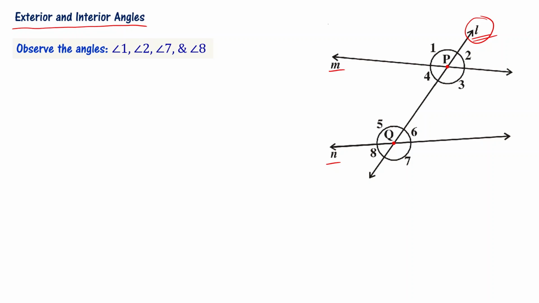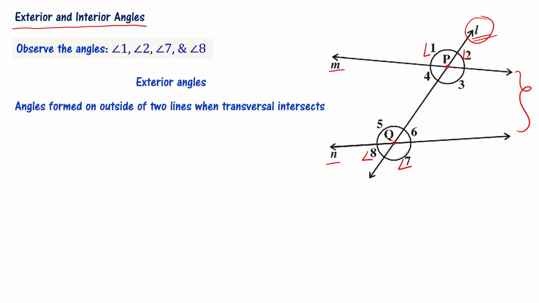Let us look at these angles, angle 1, angle 2, and angle 7, and angle 8. These 4 angles are on outside of the two lines, right? These angles are called exterior angles.